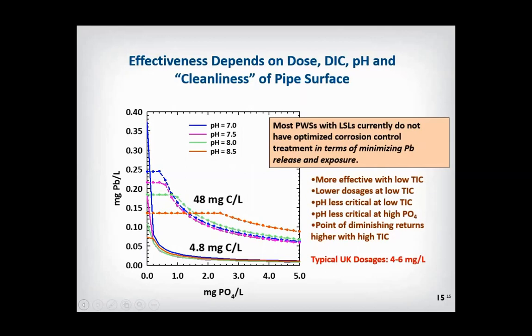And once again, there's more pH dependency at the high carbonate level than at the lower carbonate level. Just as a matter of note, in the United Kingdom, where phosphate dosing is basically the universal approach, their average doses are typically 4 to 6 milligrams per liter as PO4.